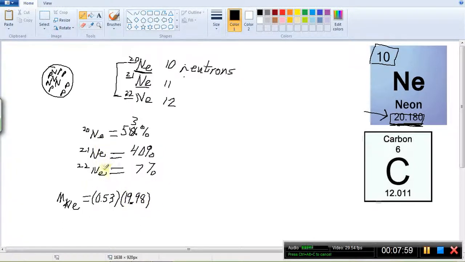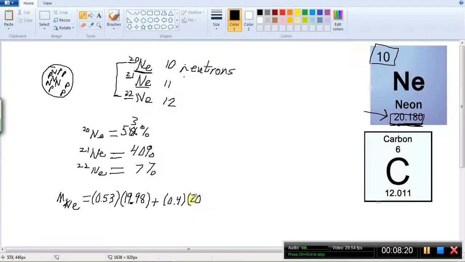And then you just add all of those together for however many isotopes there are. So we have 3 this time, so we need to do 3 of them. We did neon 20, now we're going to do neon 21. So there's 40% neon 21, 0.4, that's 40% in decimal form, times 21.